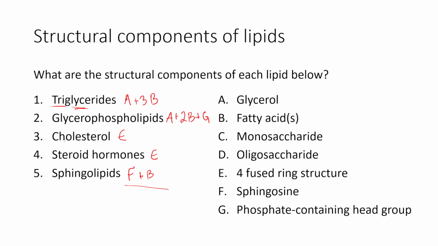Yeah, so they don't always have glycerol, but they do always have that polar head group, and fatty acid tails. Sometimes I write fatty acid Fa. Hopefully that's not confusing.